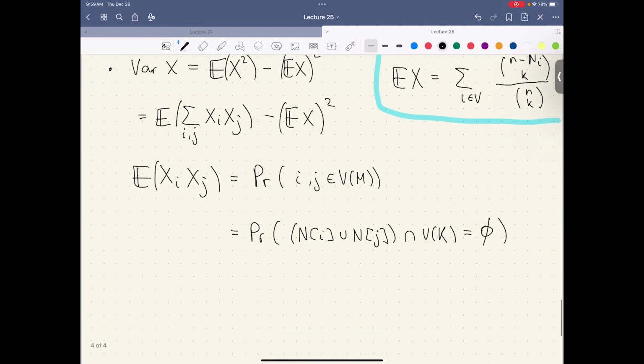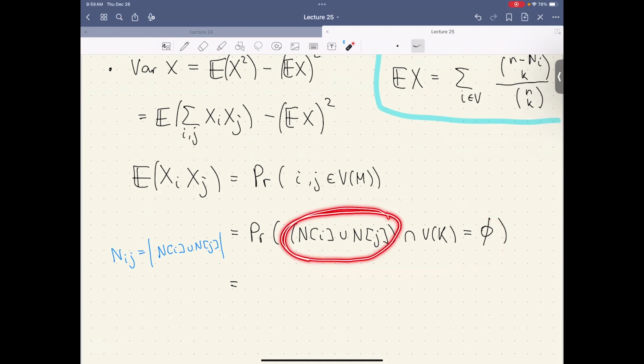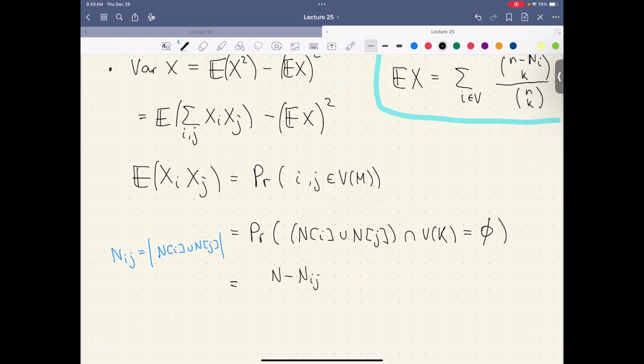Let's write n_ij to be the size of this union. Again using the fact that the vertex set of K is uniformly chosen, for this to hold we need to choose K from the complement of this set, which is m minus n_ij. We choose a K set, divided by the total number of K sets, n choose k.